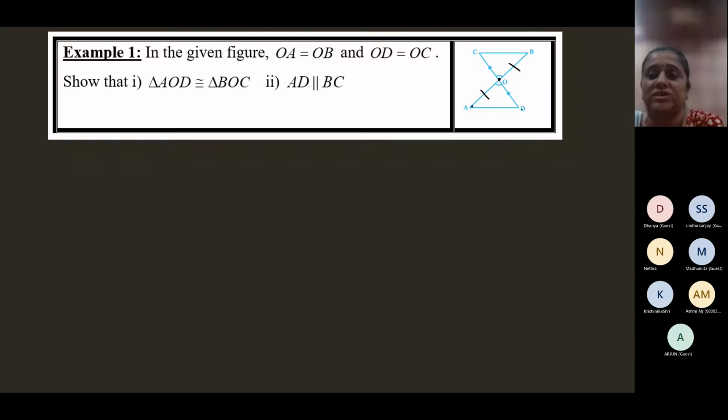OD is equal to OC, it's marked. Show that triangle AOD is congruent to triangle BOC, and also show that AD is parallel to BC.